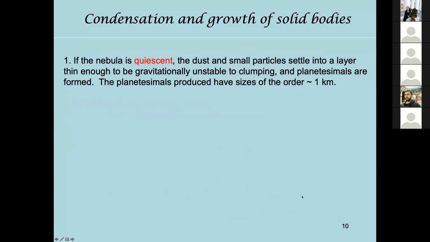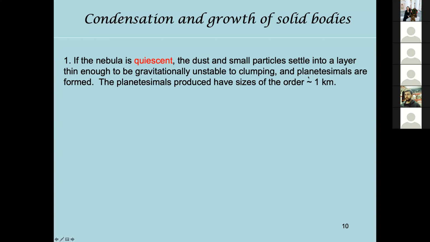People have been studying the case, for example, of a quiescent disk, so not much turbulence inside. In this case, you could have this settling relatively easily.